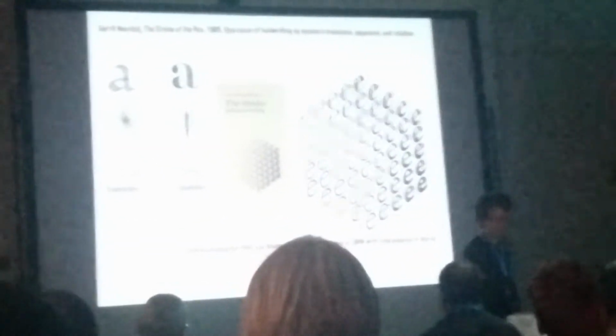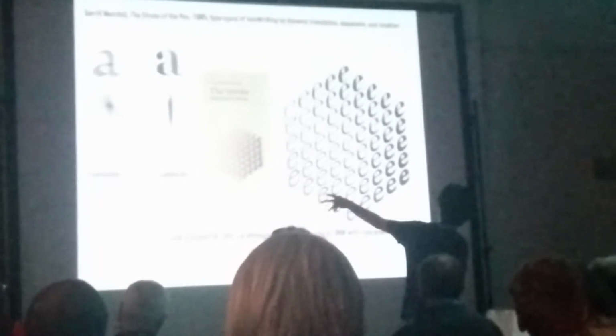And a lot of these things wouldn't have been possible without a series of Peter Karow. The original Dutch version of The Stroke of the Pen was, I think, from 1979. And you have a type space of handwriting with dynamic translation, expansion, and rotation.